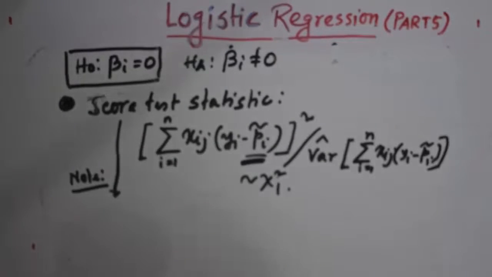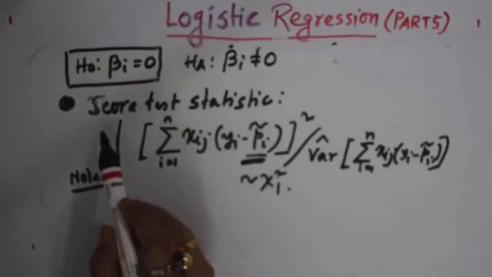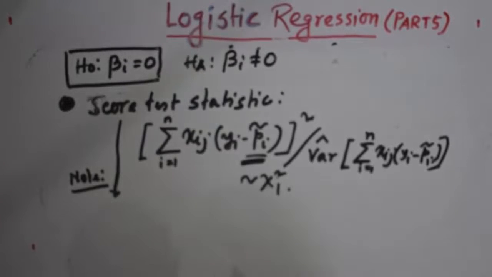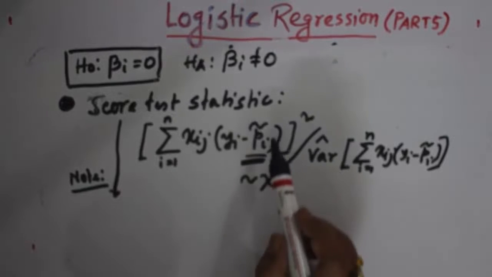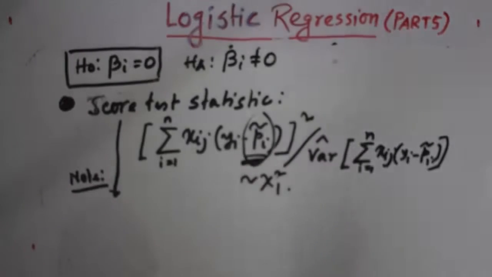I again repeat this: in general logistic regression, the score test statistic does not have a simple form, because we have to iterate to get the estimate of beta under the null, and thus to get pi tilde.